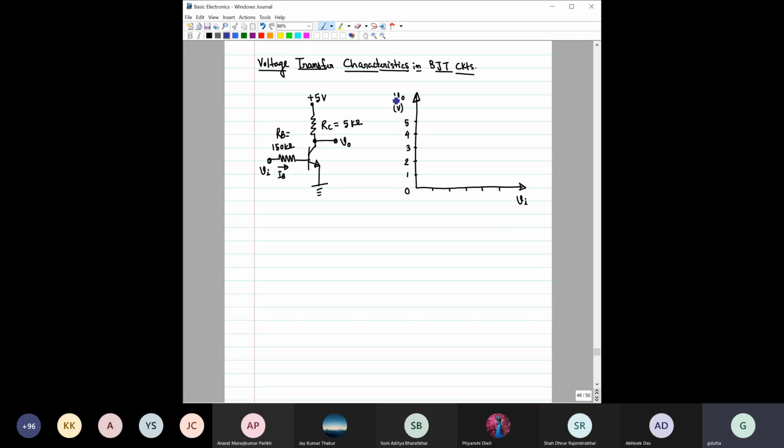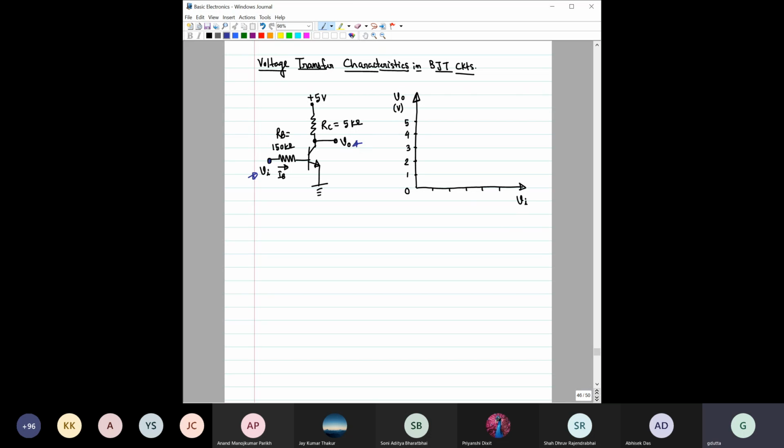The output voltage is V0, the input voltage is Vi, so you have to plot how V0 changes with changing Vi. The circuit is as given here. Vi is the input voltage given here, and the output voltage we are taking from the top of the collector terminal.